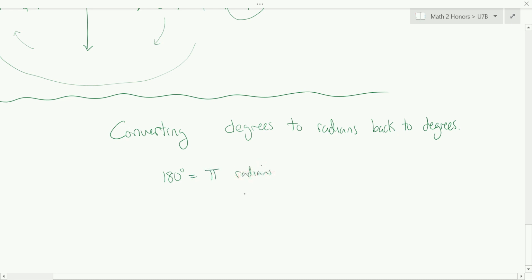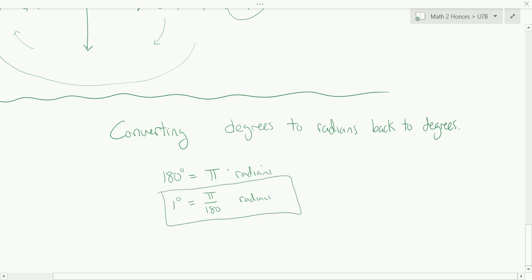Okay. Because that's true, if I want to find 1 degree, I'm going to divide both of these by 180, and I get 1 degree is pi over 180 radians. Okay, and that's going to be one of our keys here.